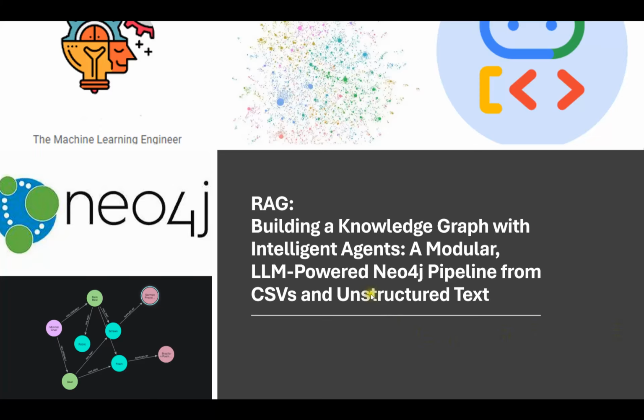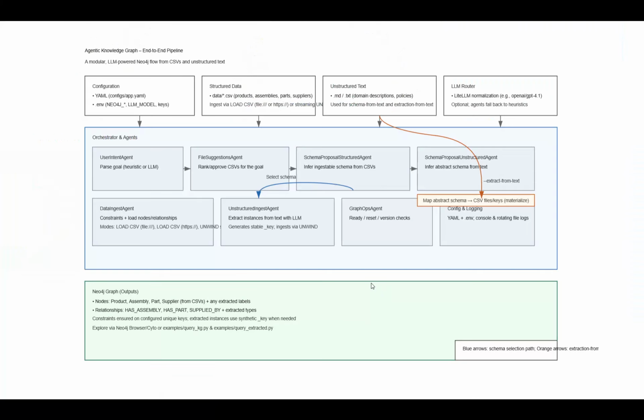Well, let's go to the topic. First, what is a graph database and what is a knowledge graph? The knowledge graph is just a graph that we create obviously in a graph database.